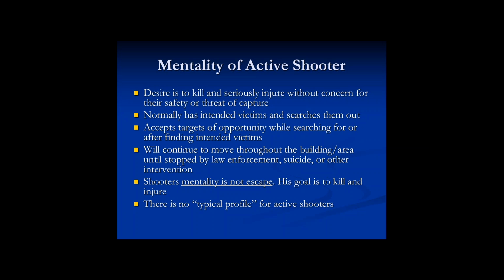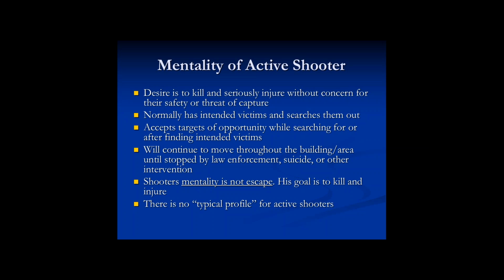so to speak. So when we think about the mentality of the active shooter, their desire is to kill or injure. They are searching out victims at random in most cases. They take on targets of opportunity. So anyone in the wrong place at the wrong time can immediately become a victim.